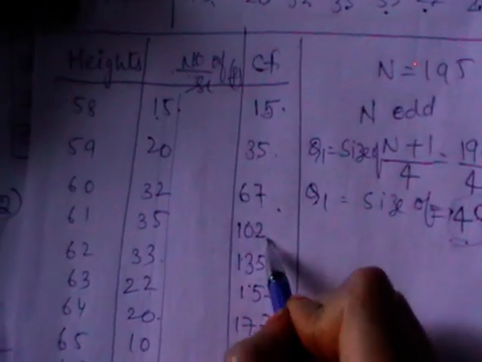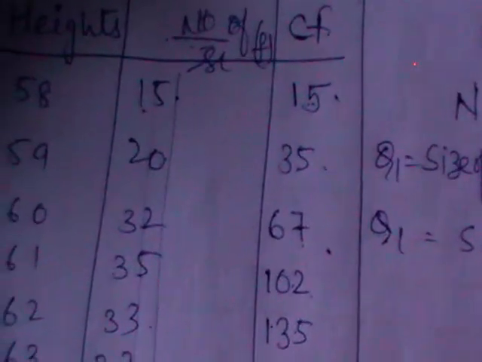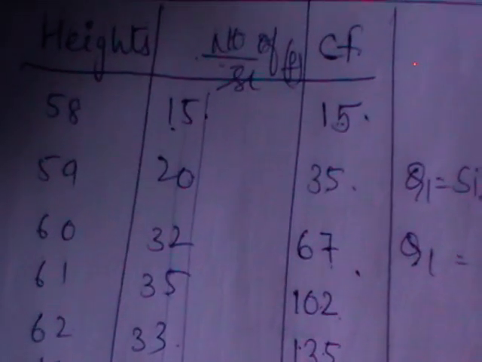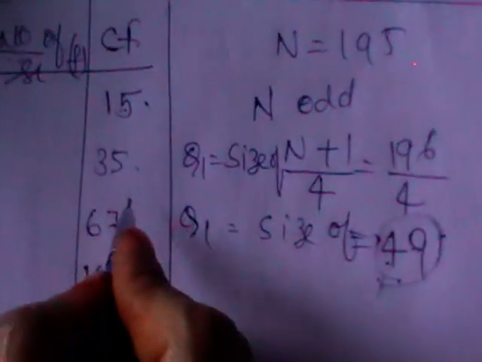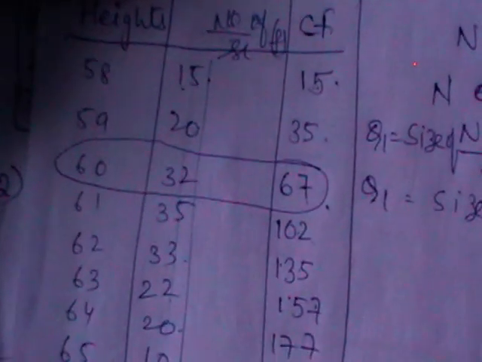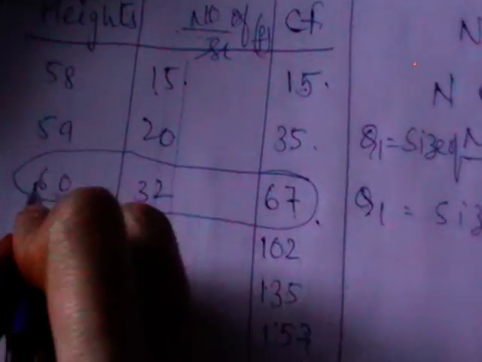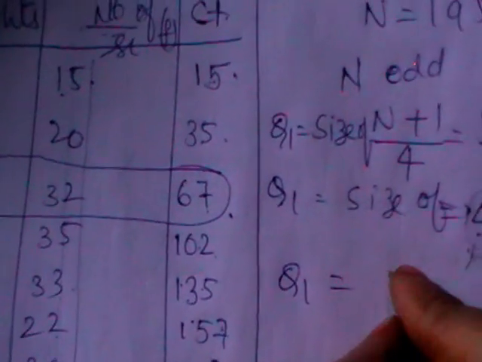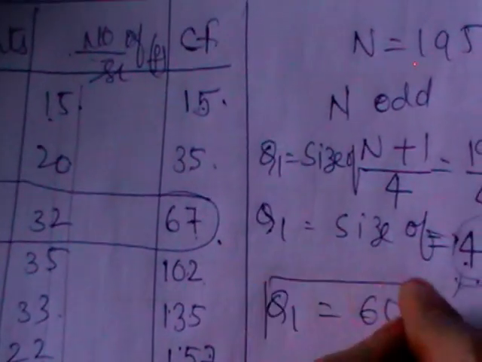Even though 102 is also more than 49, you should consider the value which is just greater than 49. So 67 is the value here. Round up the entire row. The value from X gives you Q1. What is the value corresponding to this row? 60. Q1 is 60 here.